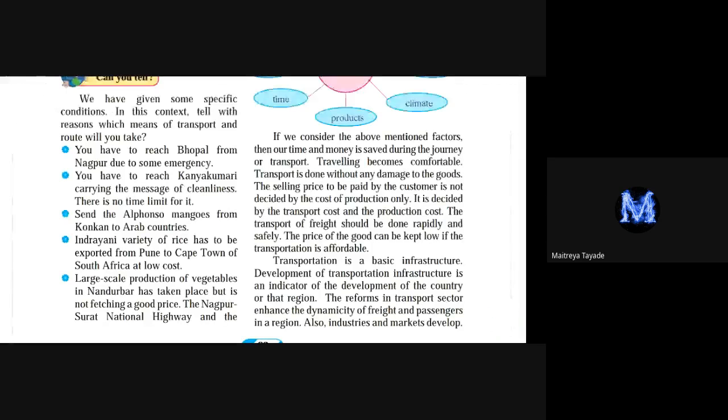You have to consider the transportation cost also. When the manufacturing company decides the MRP or price of that product, it takes into account the production cost as well as the transportation cost. We know that there are different outlets or distributors of toothpaste or other goods that we use. So companies, while deciding the price of a product, consider the price of production as well as the price of transportation.